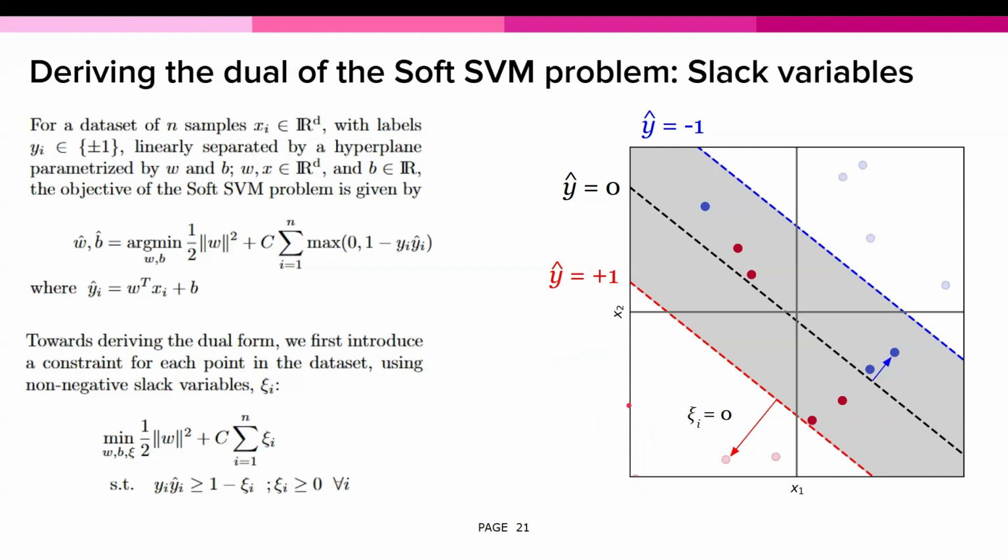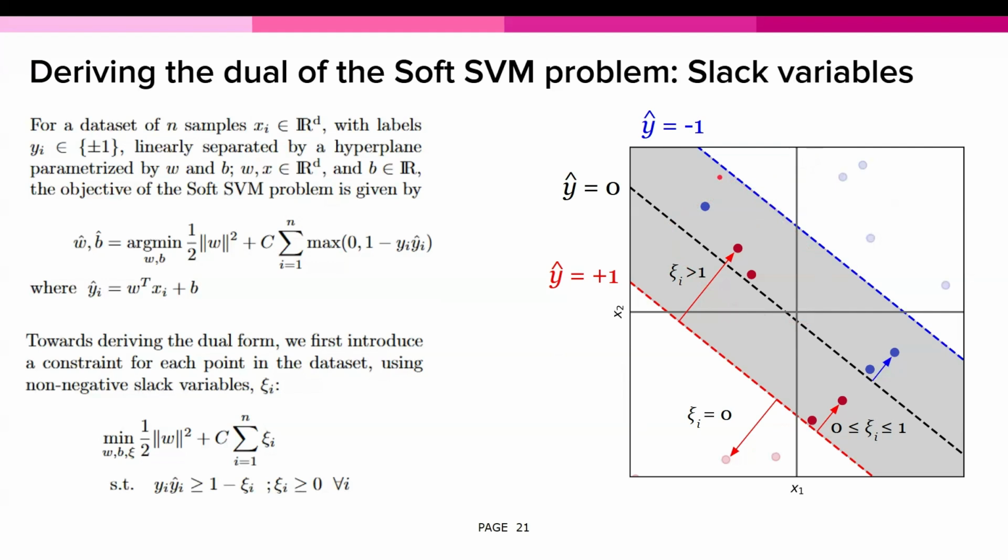If xi is greater than 0 but less than 1, like this point here, the point is correctly classified but lies within the margin area. So it's violated the margin, but is still on the correct side of the hyperplane. Finally, if xi is greater than 1, then the point is on the wrong side of the decision boundary and is misclassified. In the plot, these points lie outside the margin, showing that they've been classified incorrectly.